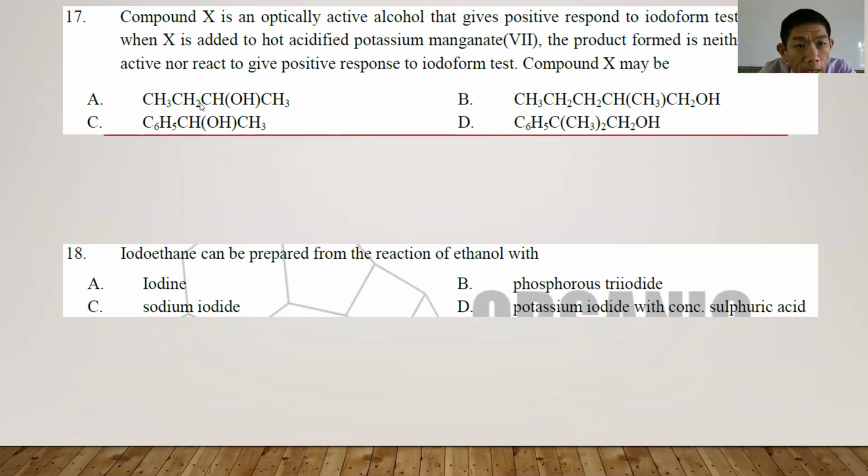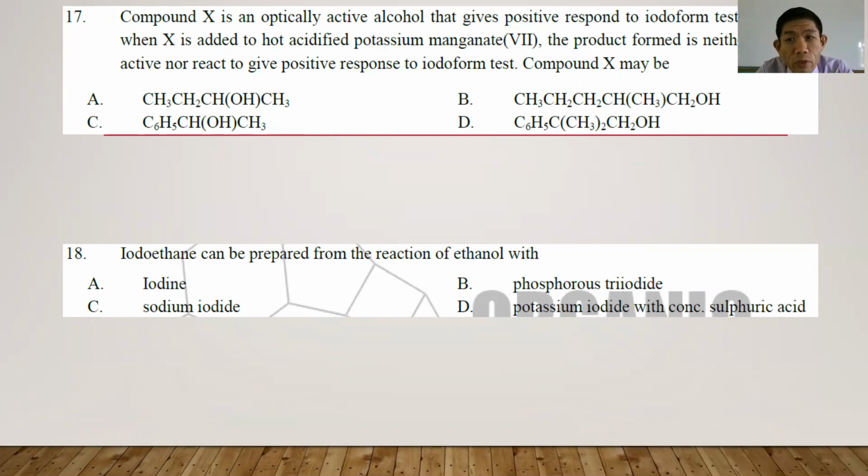So B is wrong. And then for C, it is optically active, yes, and it gives a positive iodoform test because of the methyl alcohol group. So C is also correct. Last but not least, D, because you have a primary alcohol, which is impossible to react in the iodoform test. So D is automatically wrong.